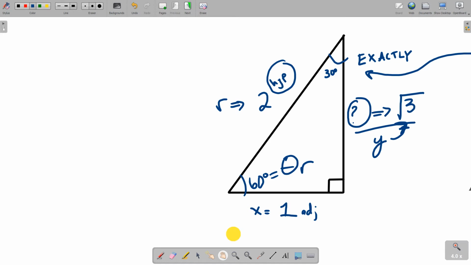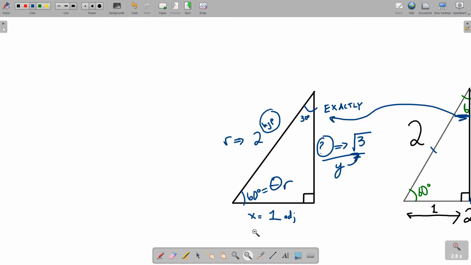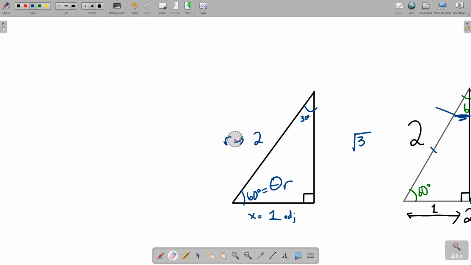But wait, there's more. Let me just do a little bit of erasing here. And let's do some labeling carefully. Ready? I don't know if you can handle this yet. Get rid of this, get rid of this, get rid of this. Need to move this over. There we go. Voila.